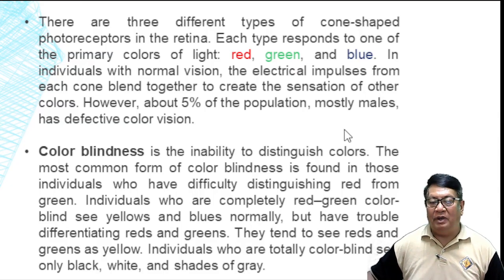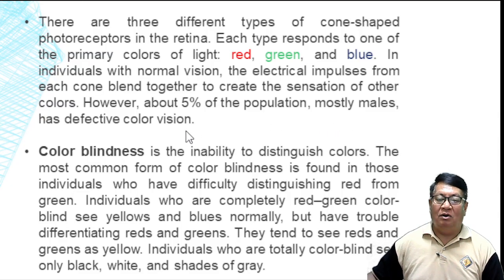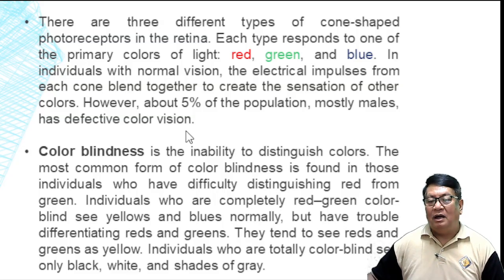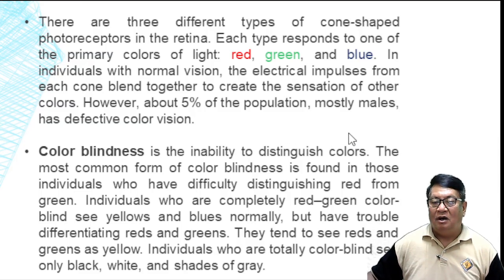About 5% of the population, mostly males, has defective color vision. So usually those having a problem with the vision of color are males, about 5% of the population.